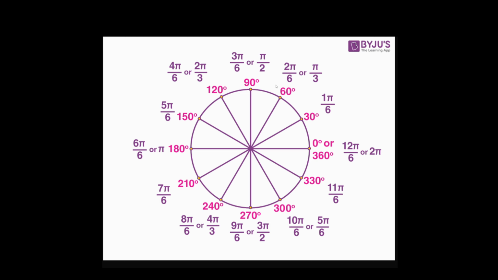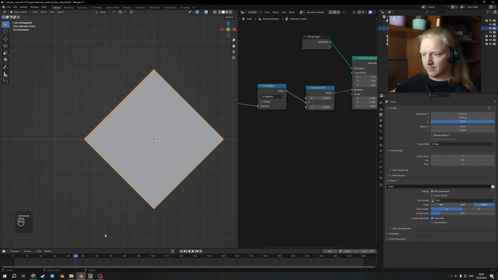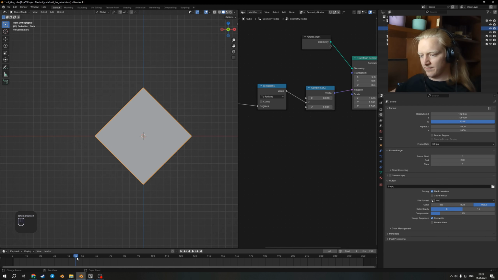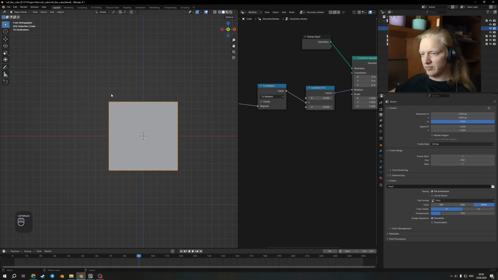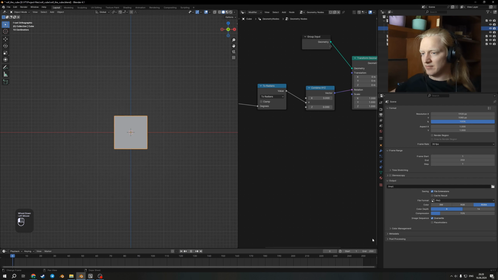Then the circumference of the whole circle in this case is just 2 pi, and radians for 360 degrees is 2 pi. Radians for 180 degrees is 1 pi, radians for 90 degrees is half a pi. At frame 45, the cube is rotated 45 degrees, and at frame 90, the cube is rotated 90 degrees. So basically, that's exactly what we need.